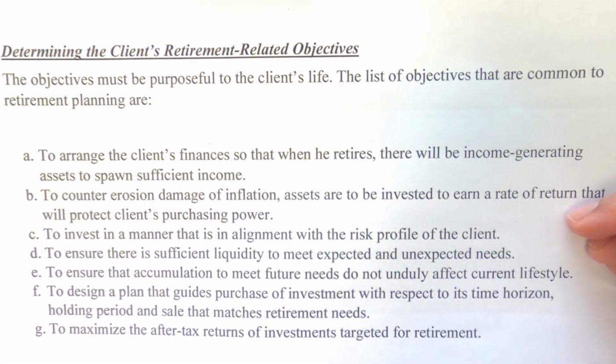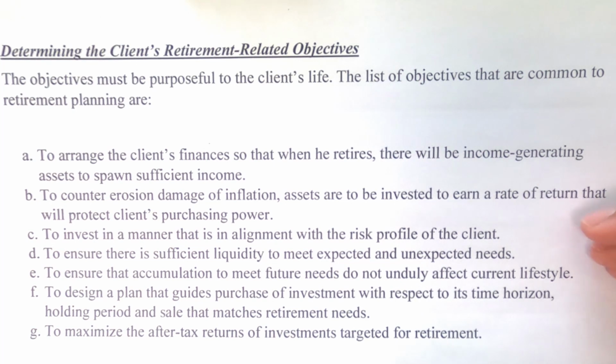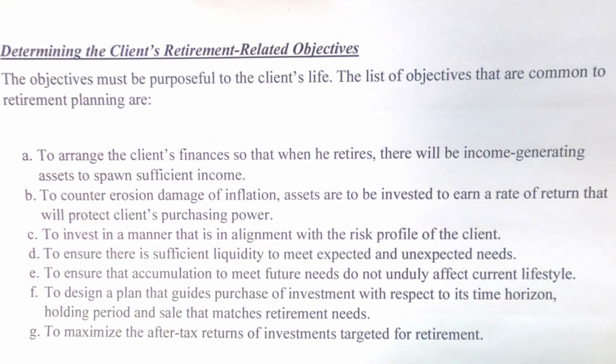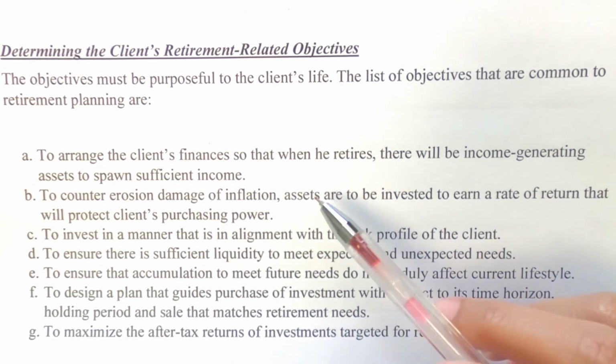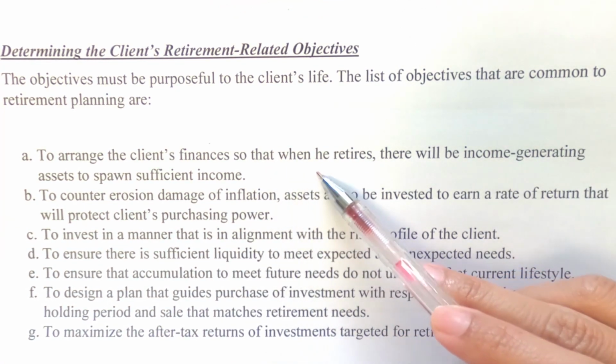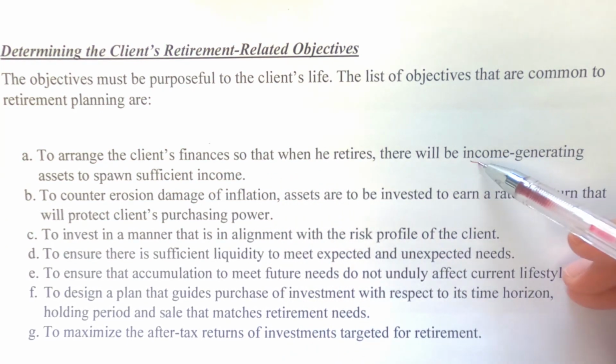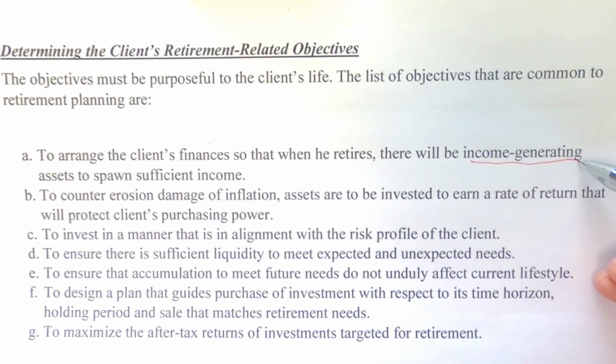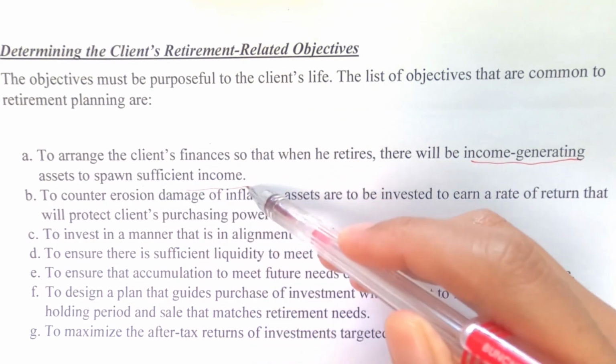Determining the client's retirement-related objectives. The objectives must be purposeful to the client's life, and the objectives that are common to retirement planning are, first, to arrange the client's finances so that when he retires, there will be more income generating assets to spawn sufficient income.